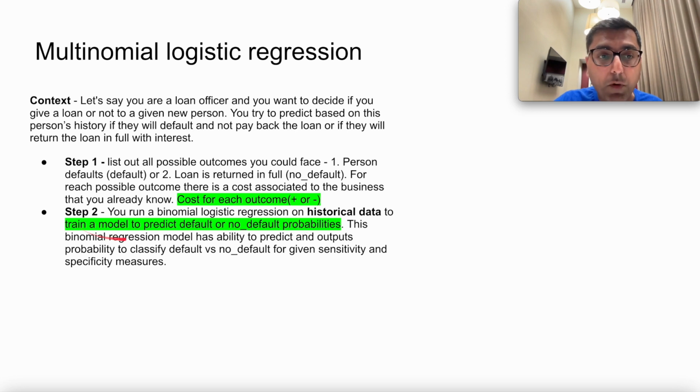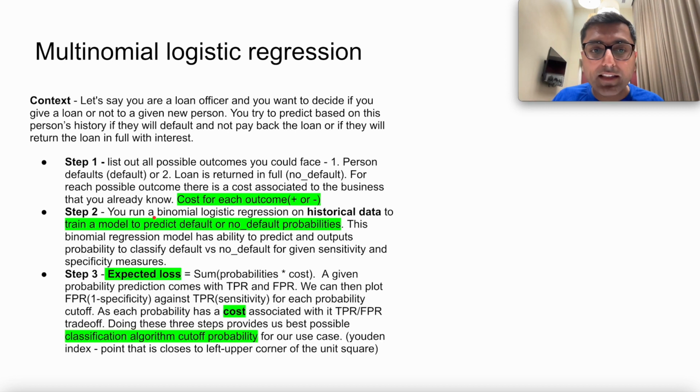The model builds prediction capability based on historical data, and this binomial logistic regression will help you with a probability. It says, hey, I have learned based on your historical loan giving data that these are the probabilities. But remember, these probabilities come in with their own true positive rate and false positive rate.